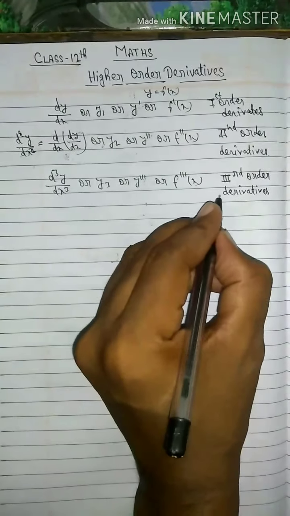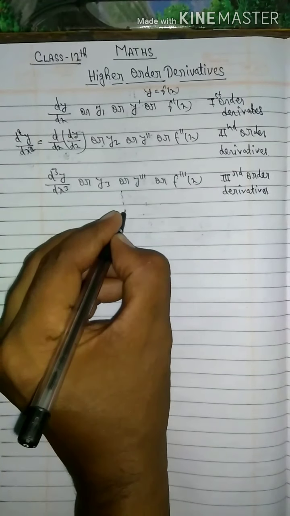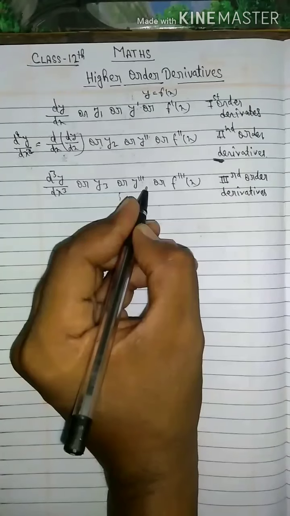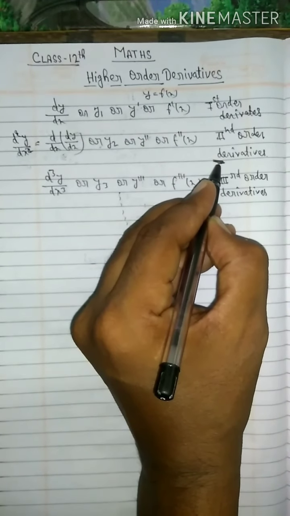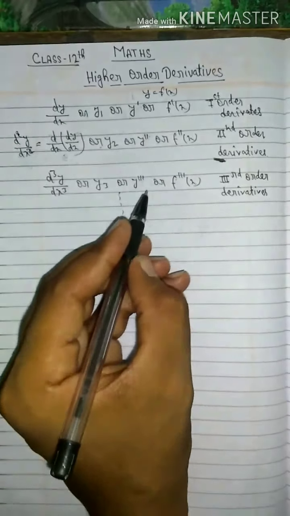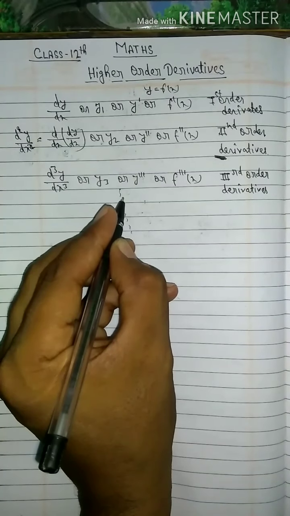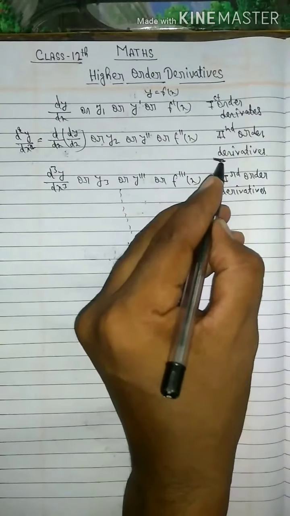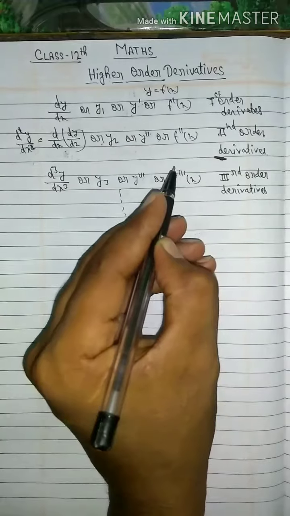Likewise, this is the third order derivative, and it continues the same way. But in 12th class we have to study up to second order derivatives. So now let's get started with the questions.